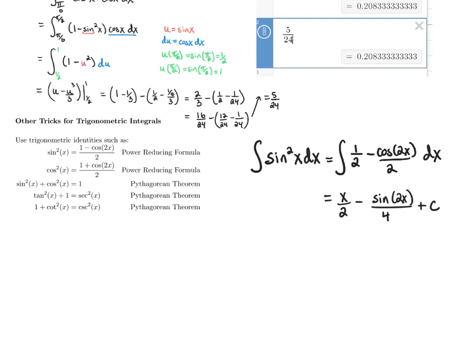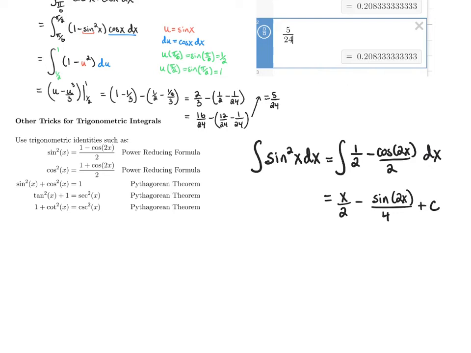I typically do those u substitutions that just involve constants in my head and then just run through the derivative to make sure that it works. So if I do the derivative of sine, I'd get cosine of the same angle, and then I would do the derivative of 2x, which is 2, that 2 over 4, which would reduce to 1/2, which matches my original function. So that's an example of how you do the power reducing formula if you had just a sine squared or just a cosine squared.